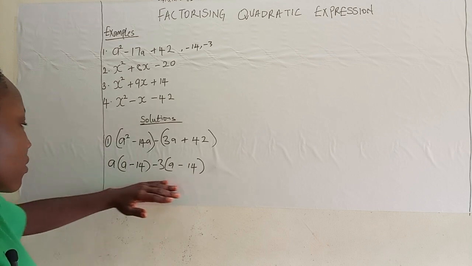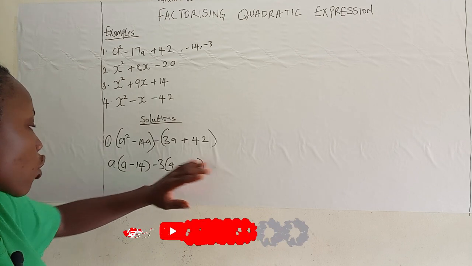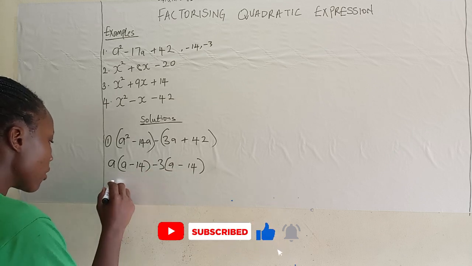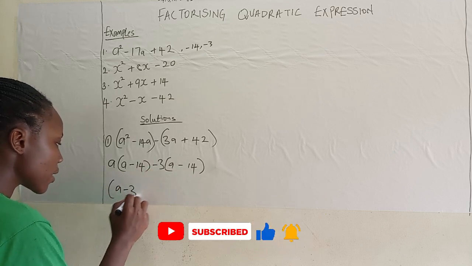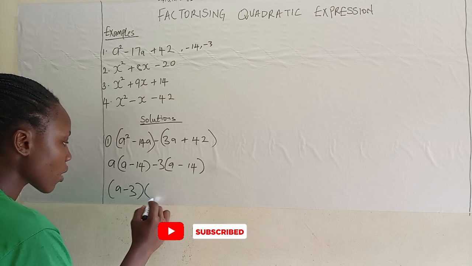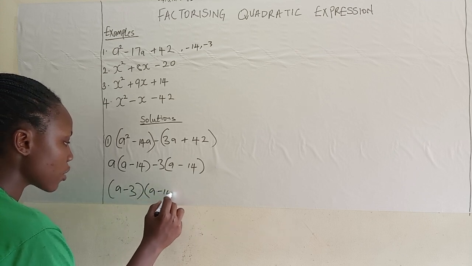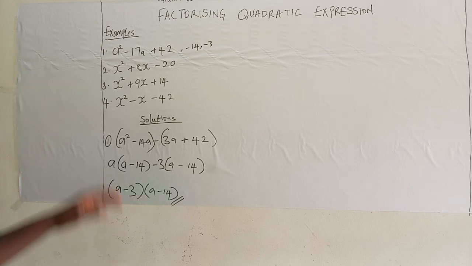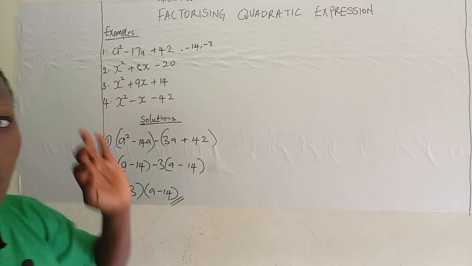So we have gotten the same thing here. If we pick one of these values, I want to have minus 3 bracket a minus 14. So this is our final answer for number 1.